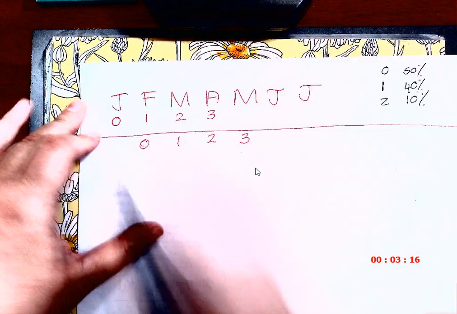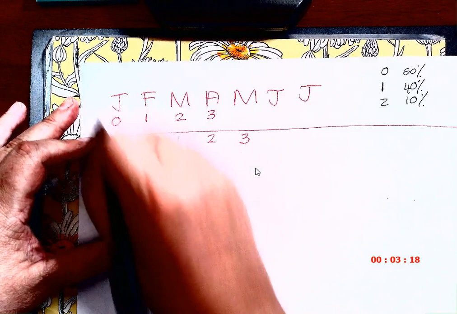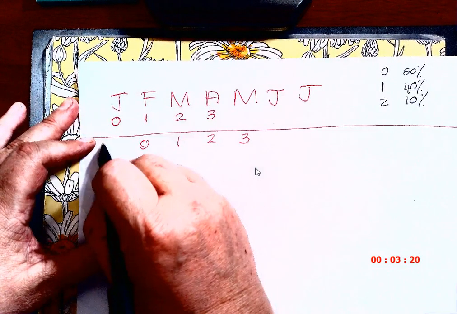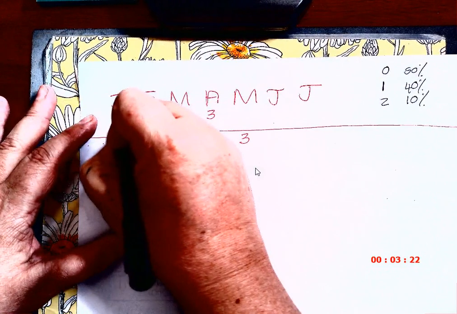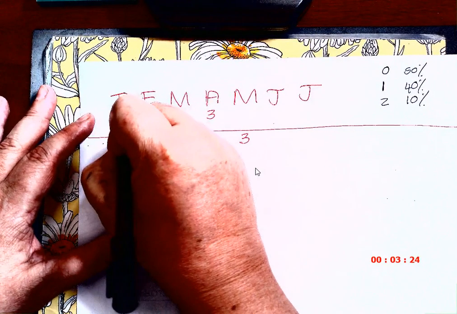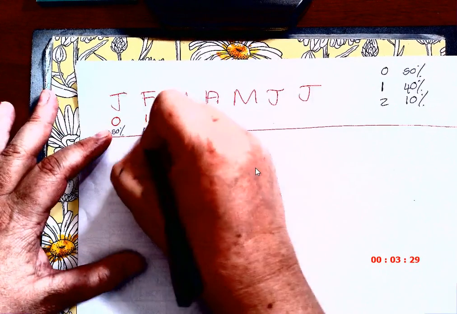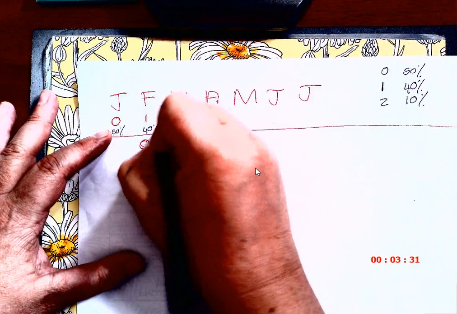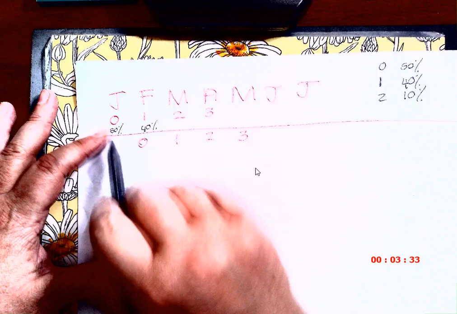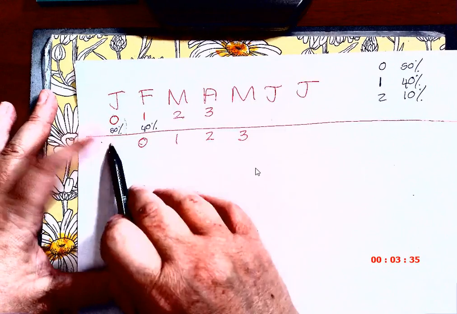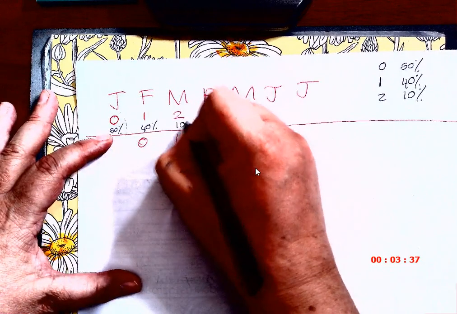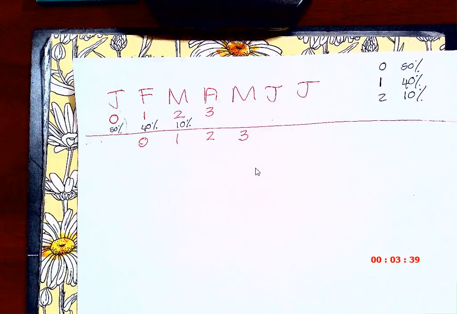Then it means from the January credit sales, 50% of the debtors are going to pay me in January, 40% is going to pay me in February, and 10% is going to pay me in March.